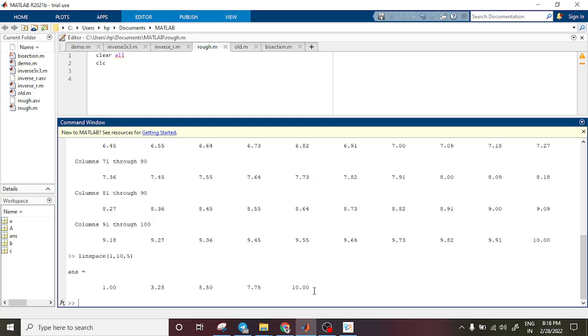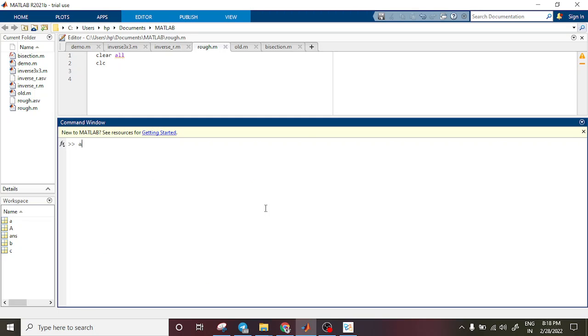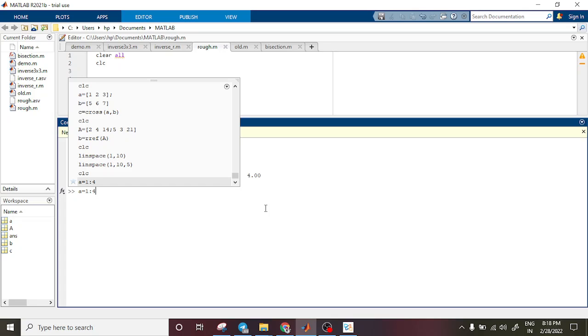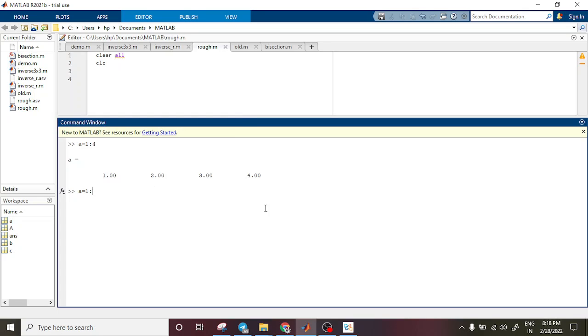This is linspace. Similarly, you can use another form. For example, CLC, first I'm clearing. A is equal to 1:4, so this means the first 4 numbers. If I'm writing 20, it means 20 numbers.